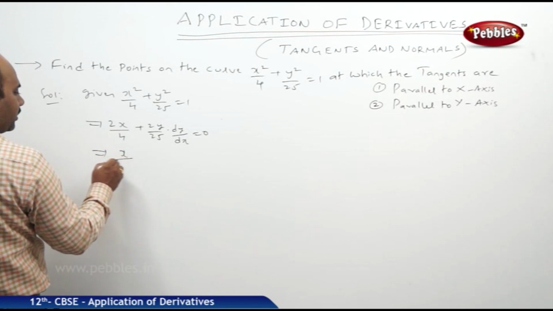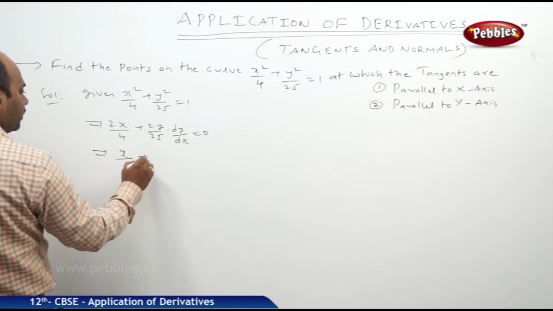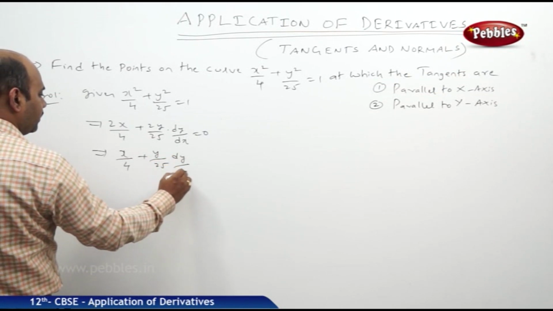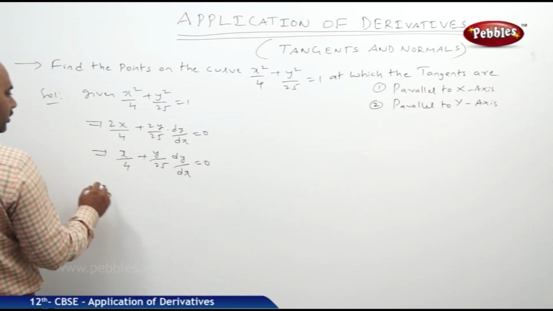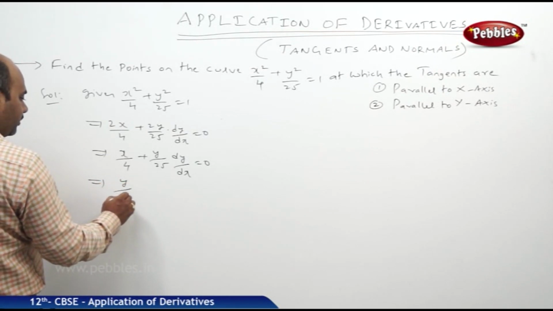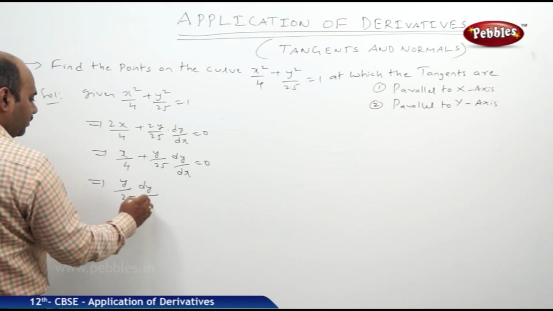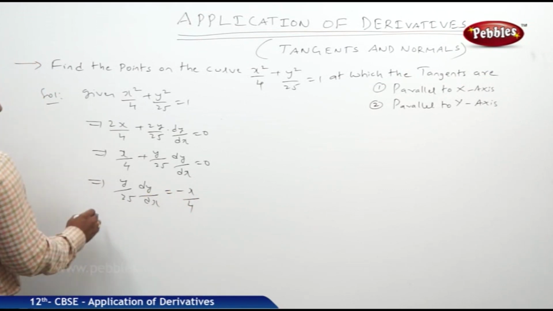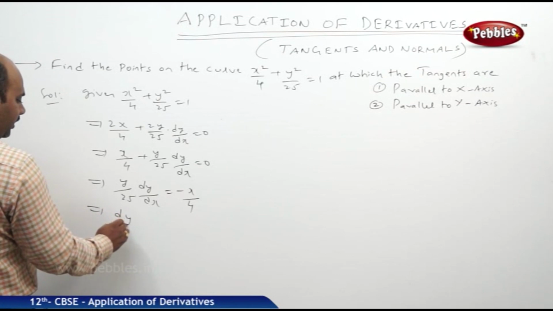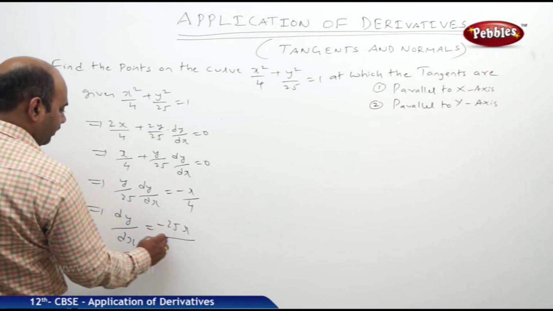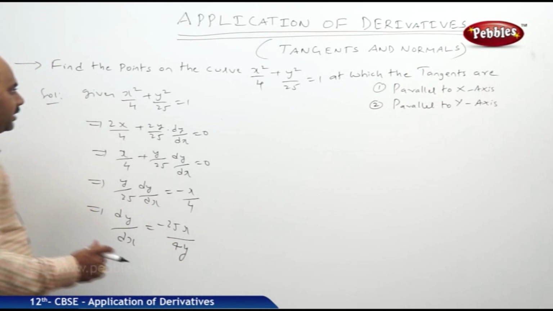So x by 4 plus y by 25 into dy by dx equal to 0. So from here, y by 25 into dy by dx is equal to minus x by 4. So dy by dx is equal to minus 25x divided by 4y.